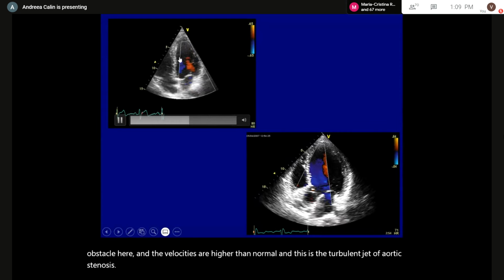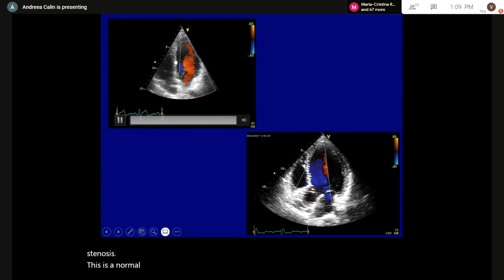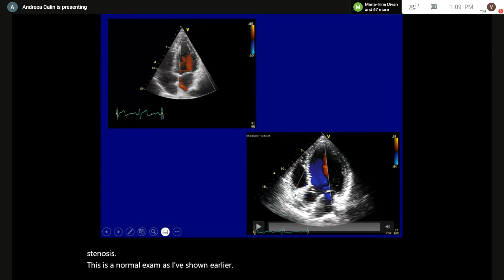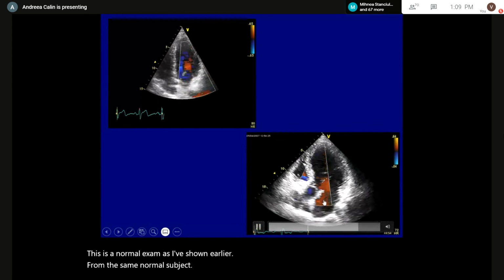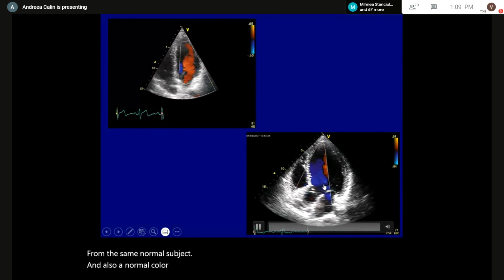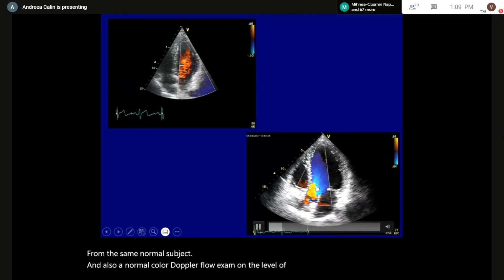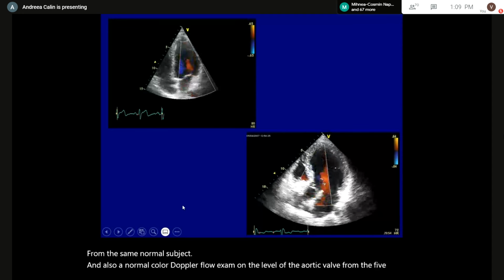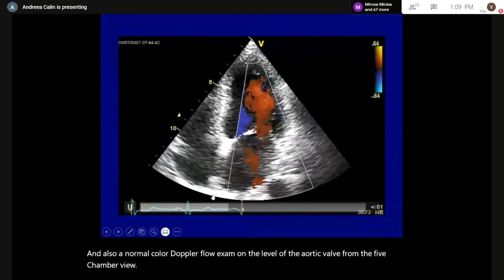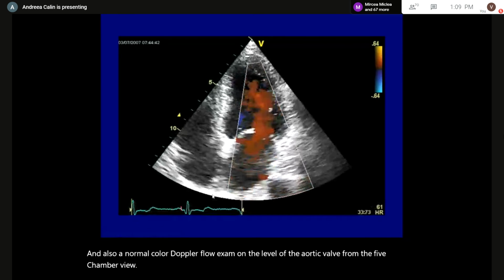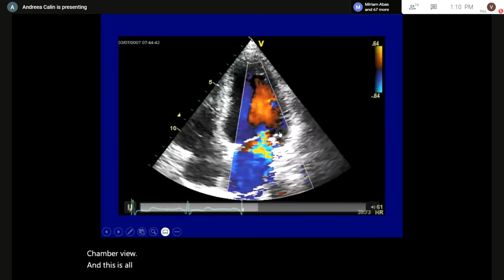This is a normal exam, as I've shown you earlier, the same normal subject, and also a normal color Doppler flow exam at the level of the aortic valve from the 5-chamber view. And this is a pathological exam.